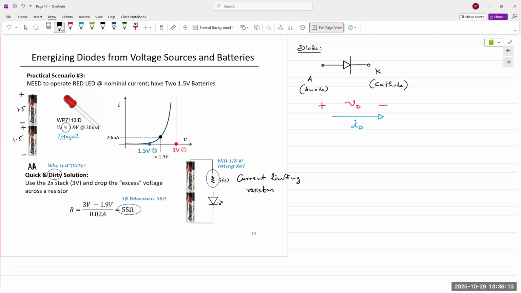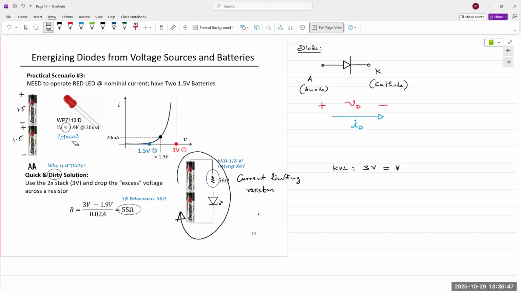So the question being asked is, a resistor will only create a voltage drop, so how does it limit the current? We'll just use Ohm's law in mathematical terms. If we apply Ohm's law and KVL around this loop, what do we get? We have 3 volts, and 3 volts is dropped across the LED plus the resistor.